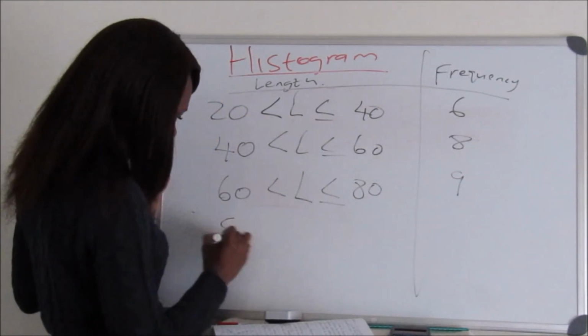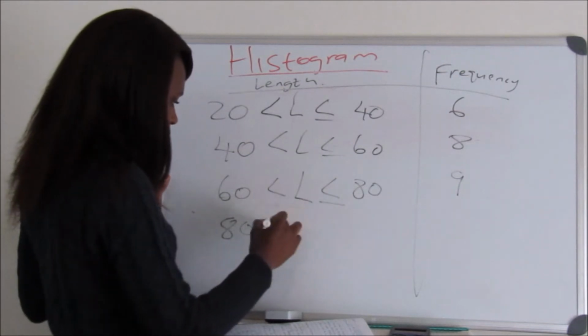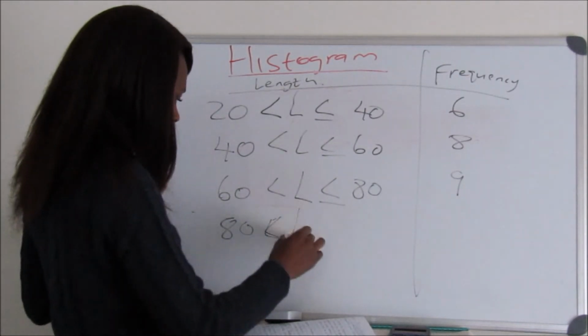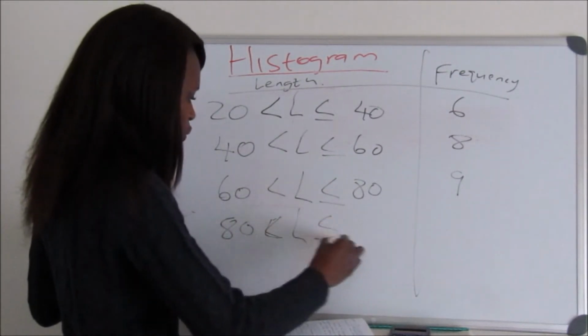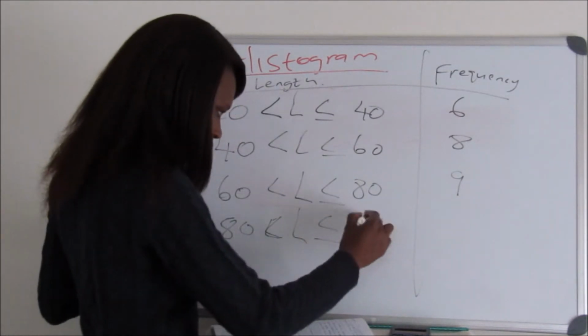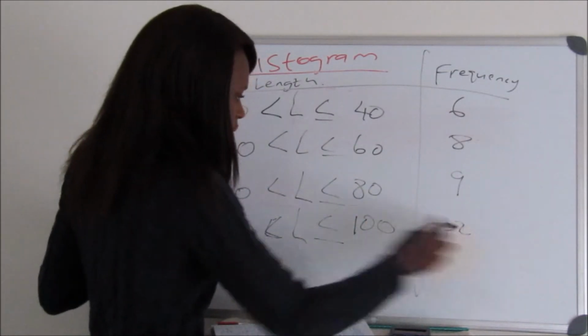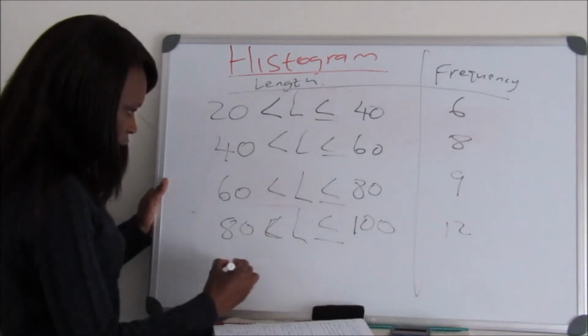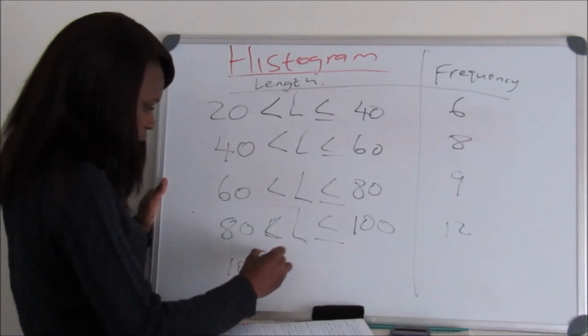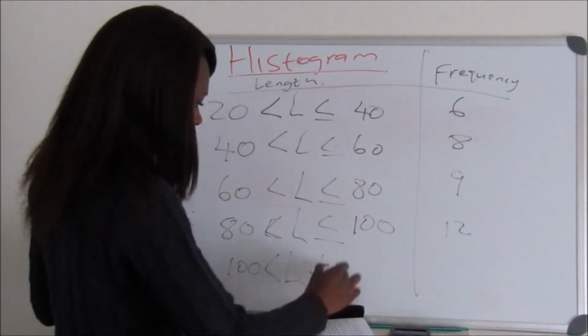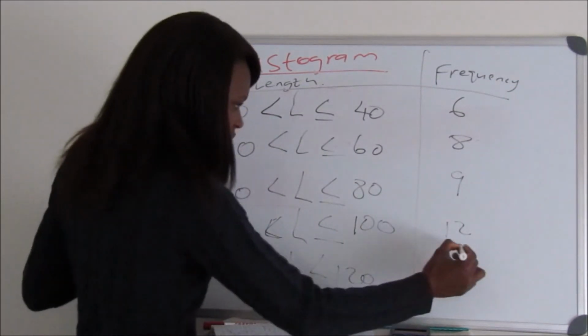Those greater than 80 and less or equal to 100 were 12. And those greater than 100 and less or equal to 120 were 5.